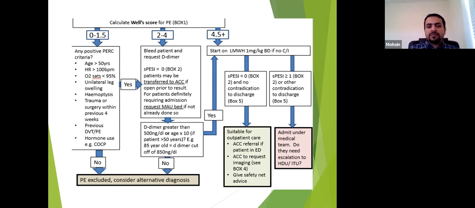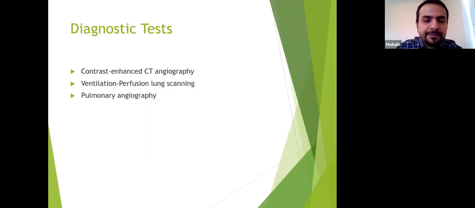However, if their score is more than 4, then you can always start low molecular weight heparin, start treating them, assume they have a PE, and arrange diagnostic imaging such as a CTPA or VQ scan, whatever is available. And discharge-wise, I'll come to that, when to discharge and what to do about that, in a little while.